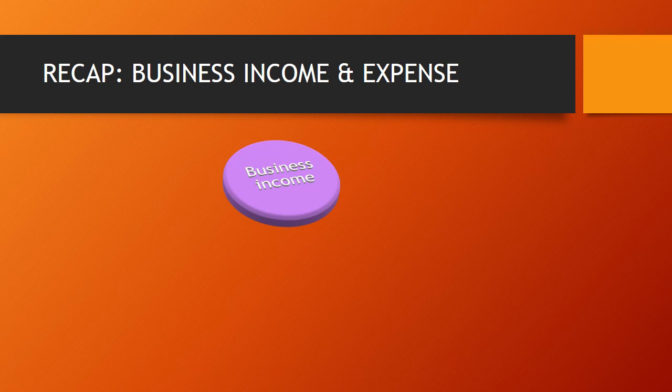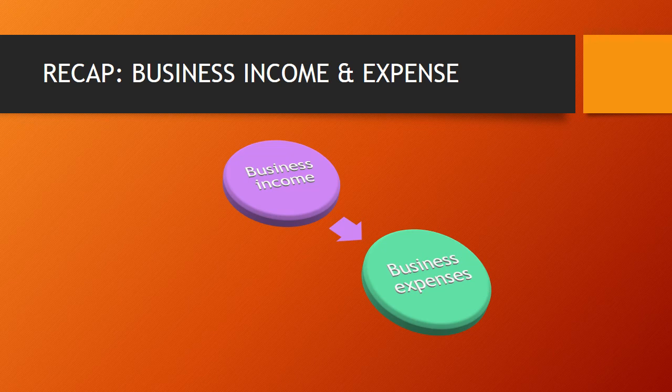Just a few examples: cost of sales, advertising, salaries, wages, stationery, printing, service material, delivery expenses, telephone, rent expense, etc. Then profit and loss. We said profit is when income is more than the expenses, and loss is when expenses are more than the income.